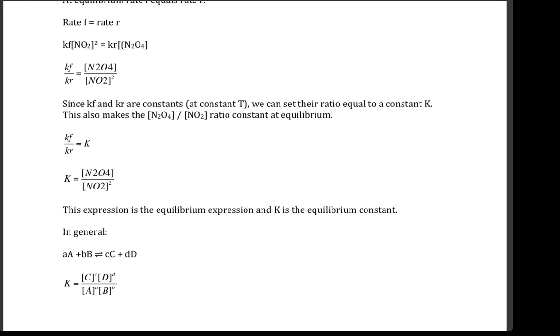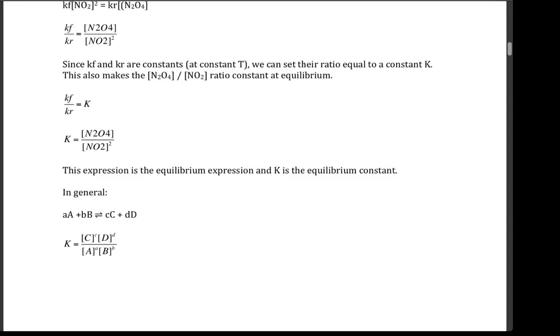So in general, if we have a reaction aA plus bB in equilibrium with cC plus dD, where the big case letters represent chemicals, and small case, their stoichiometric coefficients, we would write the equilibrium expression as K equals C to the c power, D to the d power over A to the a power, B to the b power.